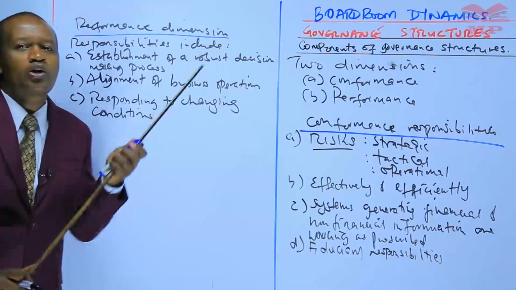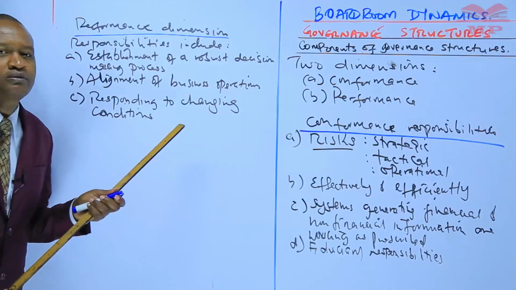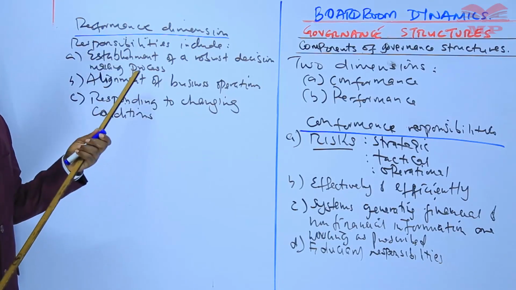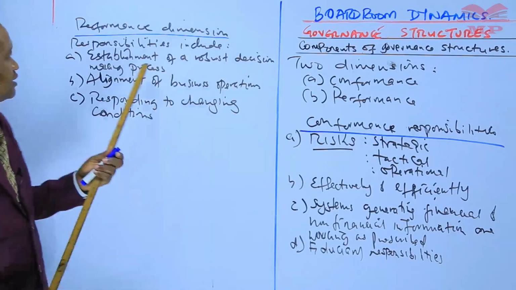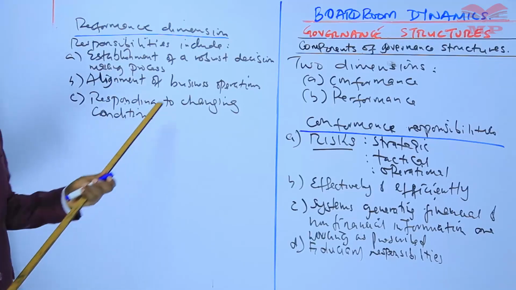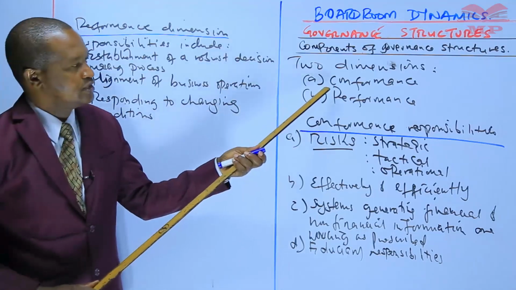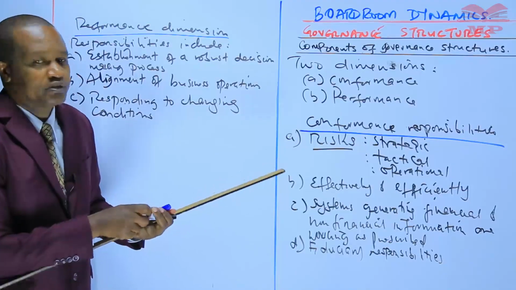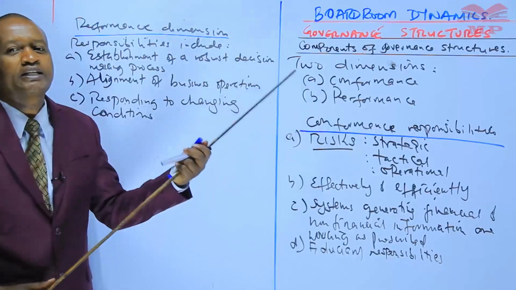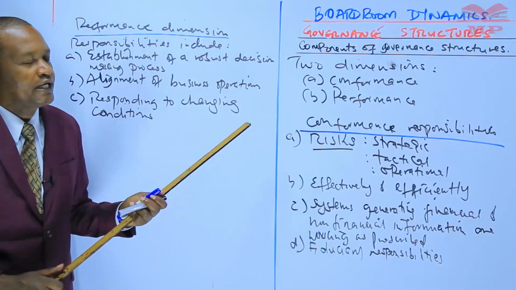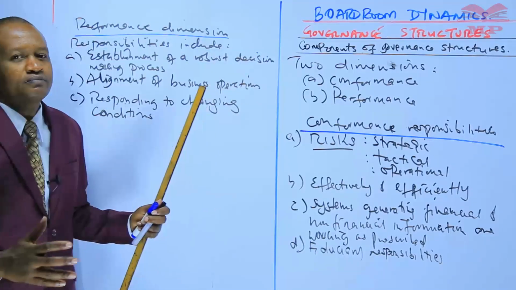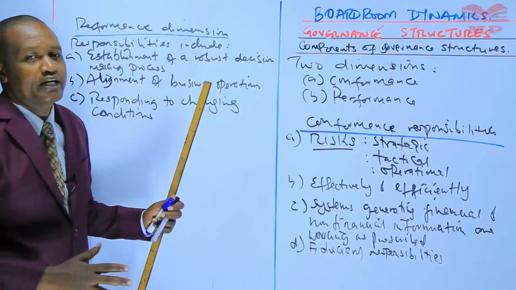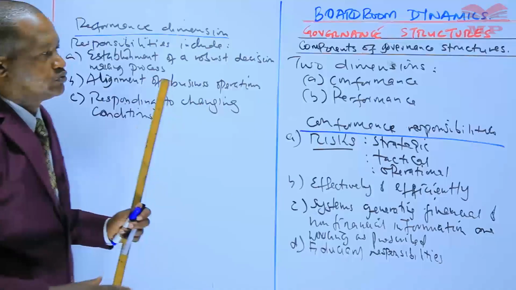To changing conditions. Candidates, these are some of the responsibilities. It should be noted that the conformance dimension and the performance dimension enhance each other, and also the organization as a whole.